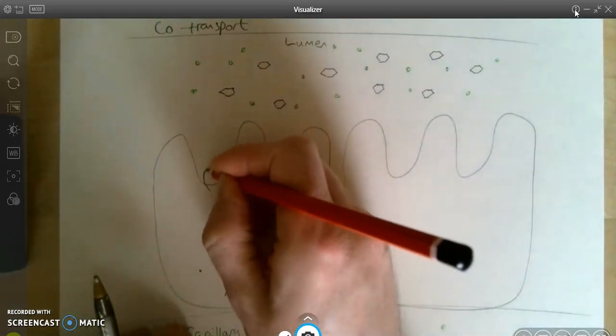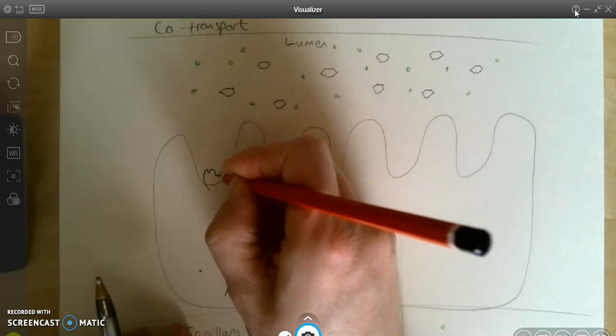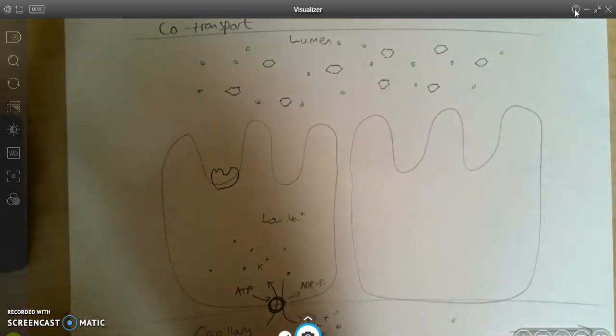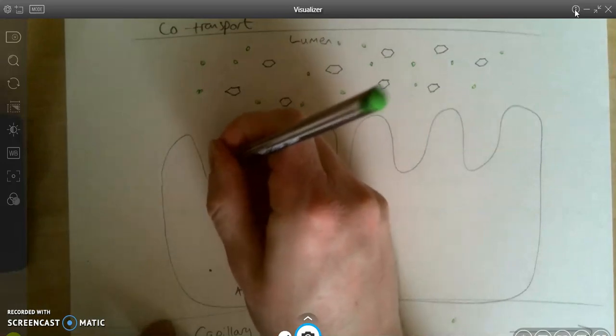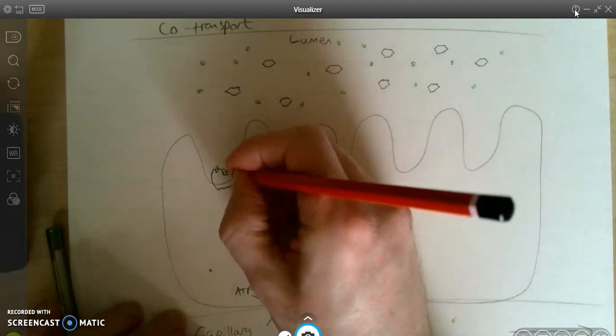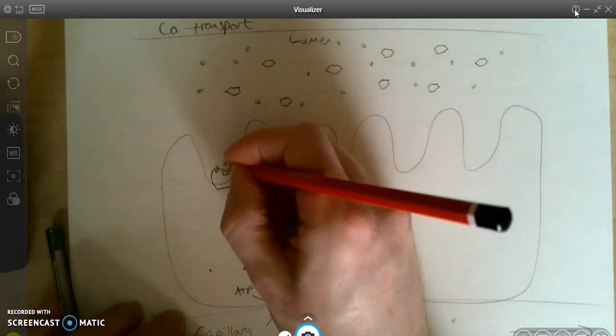This protein is known as a symport, because what it has are two binding sites. One binding site for a sodium ion, one binding site for a badly drawn glucose molecule.